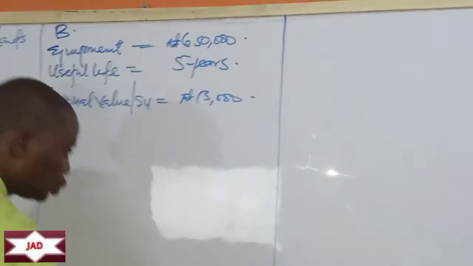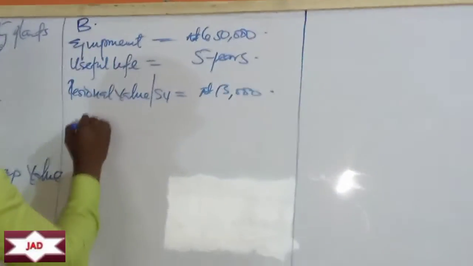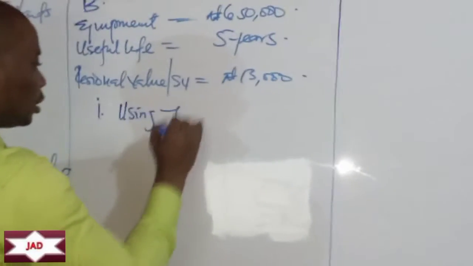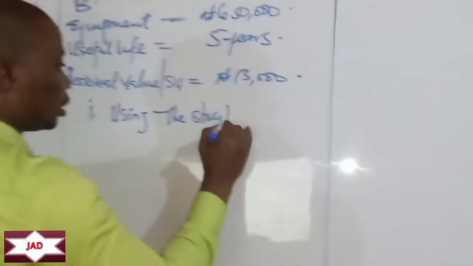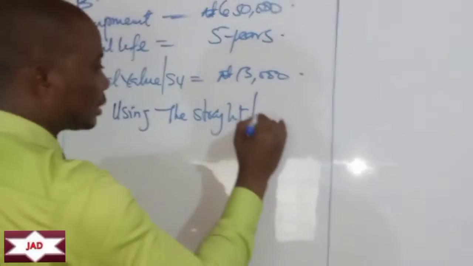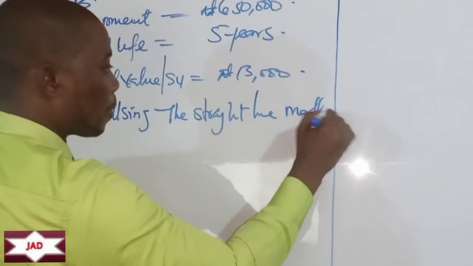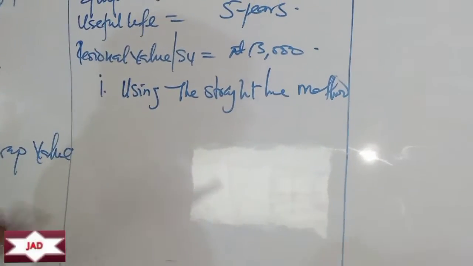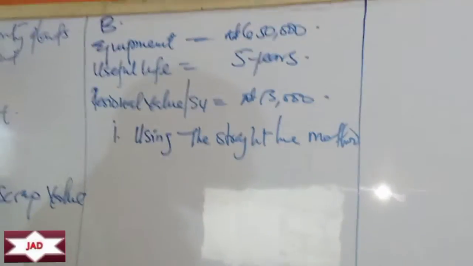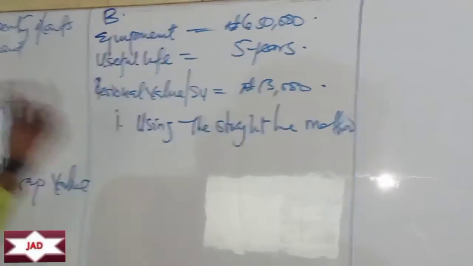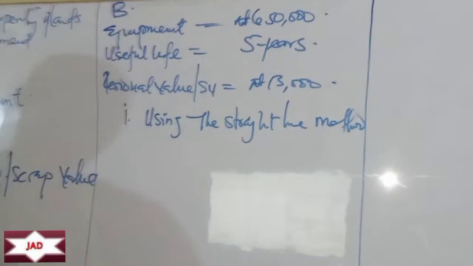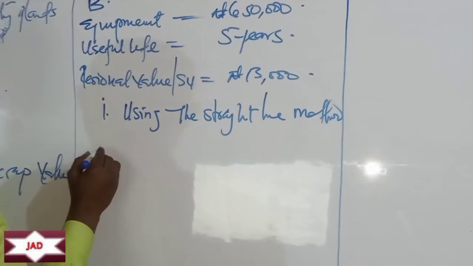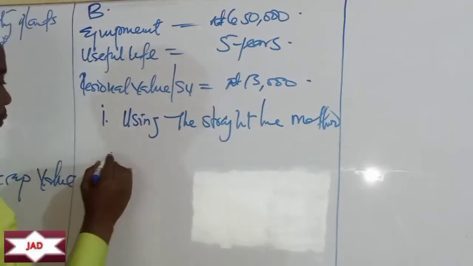So let us say B1 now, using the straight line method. Already I gave you the various approaches if you go to the class on jadosconsulting.com, but let us take one approach. So we have the cost of the asset to be how much? 650,000 naira.